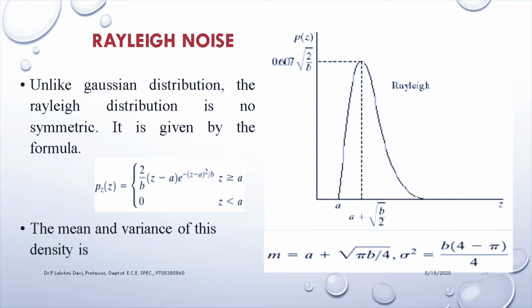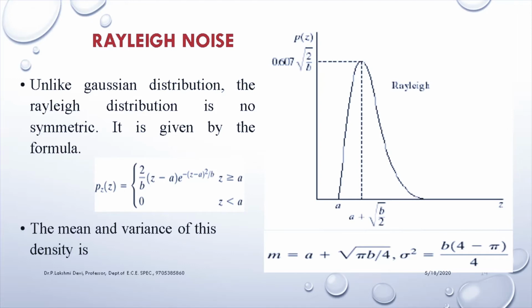Based on this particular probability distribution function, we have framed this formula P of Z. If Z is greater than or equal to A, we can calculate based on the values of A and B, and the distribution appears like this.